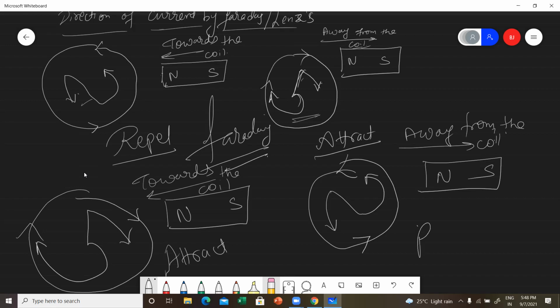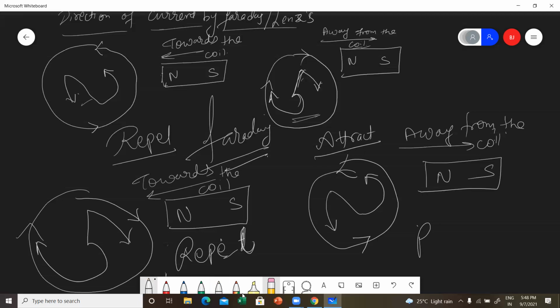Wait a minute. Here it will be repel, because we are just making it opposite.